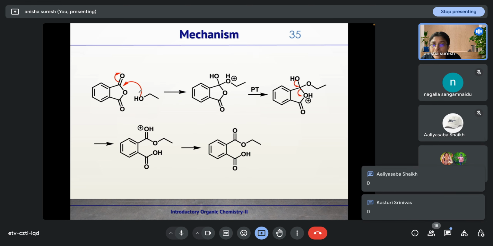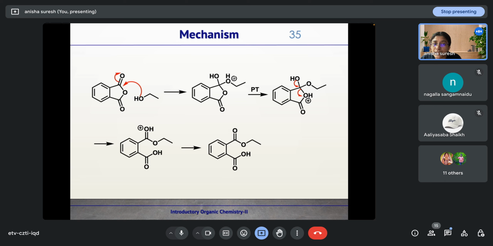So we have the anhydride. Ethanol will add on to one of the carbonyl carbons and we will get this tetrahedral intermediate. Then a proton transfer can take place from this ethanol to this oxygen. So then when this O minus falls back, this bond will break and we will get a carboxylic acid here and an ester here. Then upon deprotonation, we will get this compound.